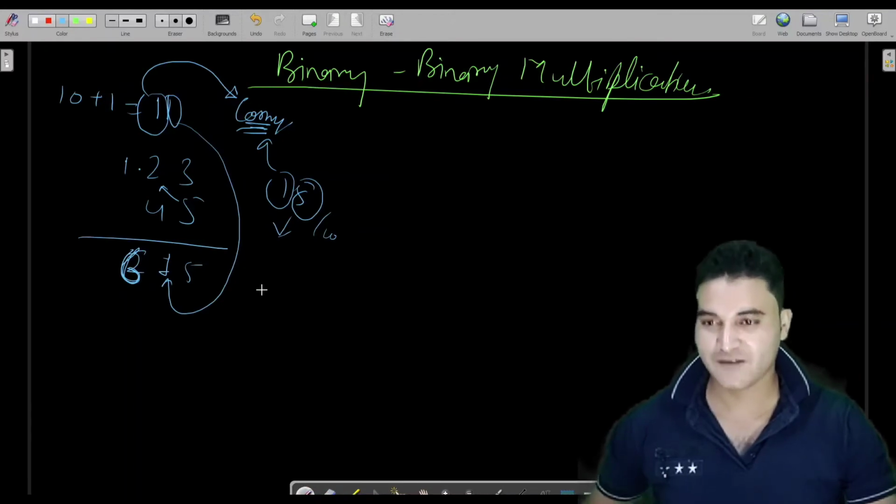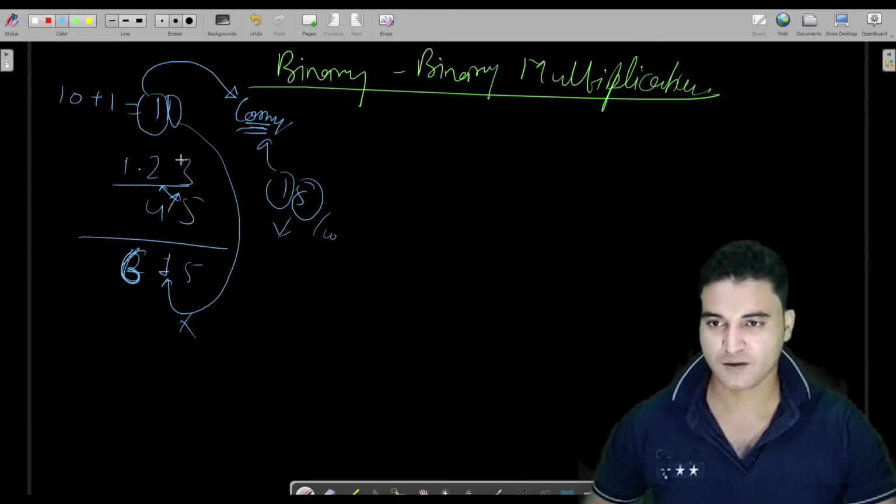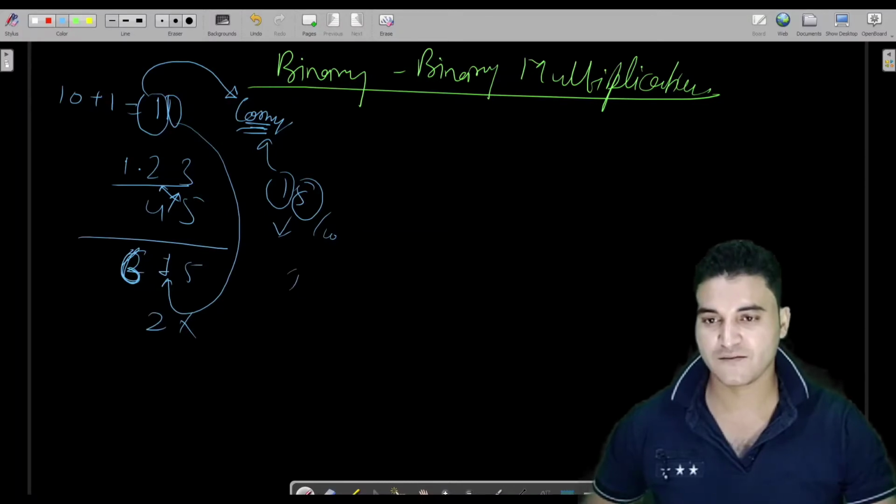Apart from this, that's how we used to multiply two decimal numbers. After that we used to write 0 or this symbol here, then multiply each digit with 4 of the first number. So 4 into 3 is 12, 2 would be written here and 1 would be carry. 4 into 2 is 8, plus carry is 9. 4 into 1 is 4.